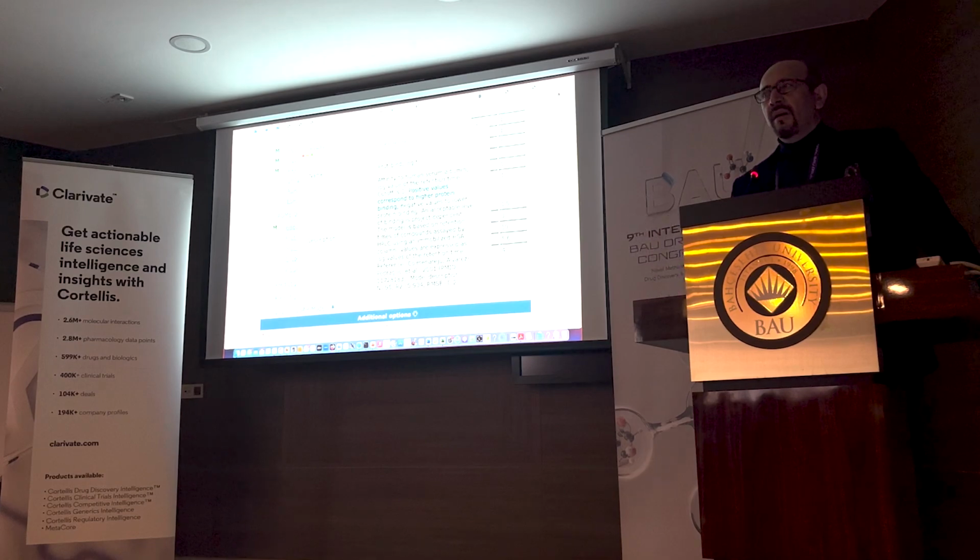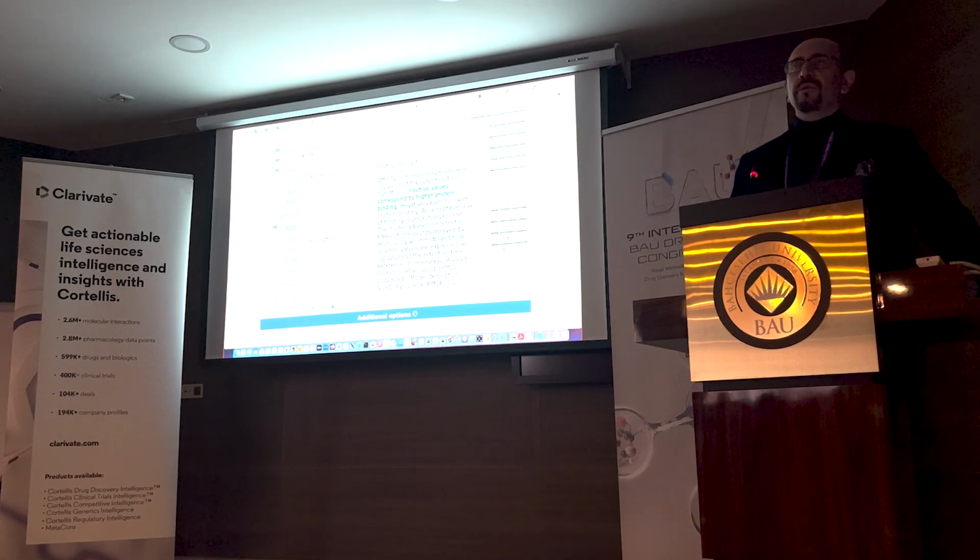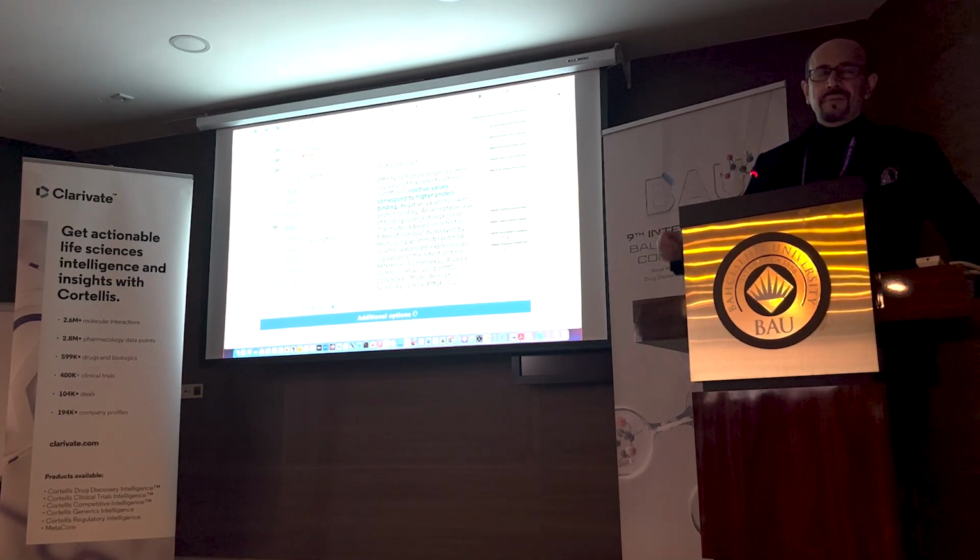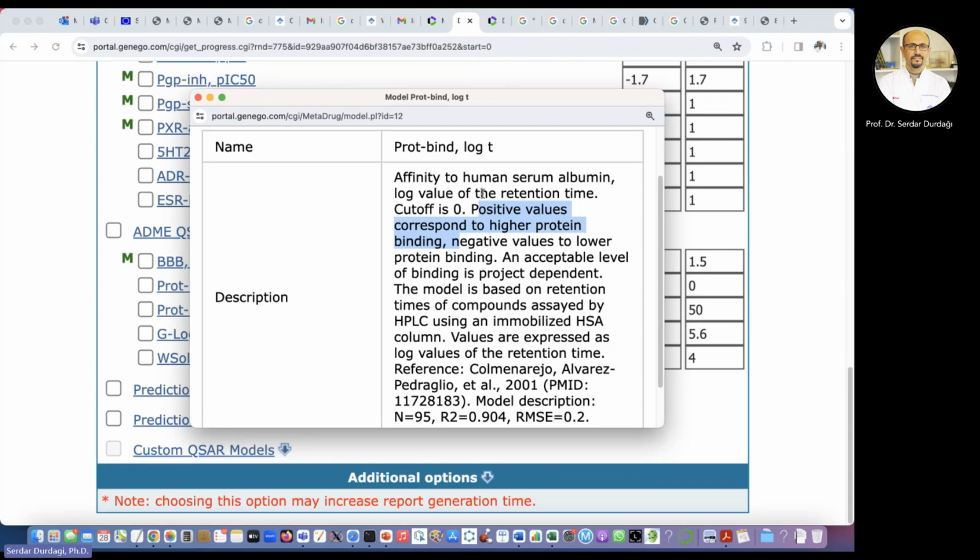In that case, in order to reach enough concentration at your own target, you may need to use more concentration, more dose. So you need to check if your molecule will be able to bind specifically to your own target, or it may go and bind to these kinds of off targets.